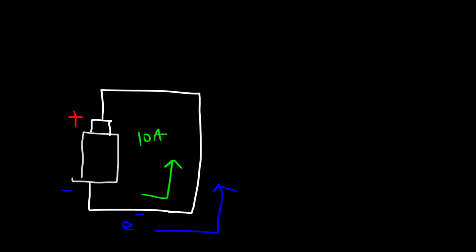So if this battery on its own can produce a current of 10 amps, now let's say if you connect it in parallel with another battery, and let's say that these two batteries are identical, and you create a short circuit, you can get a current of 20 amps.